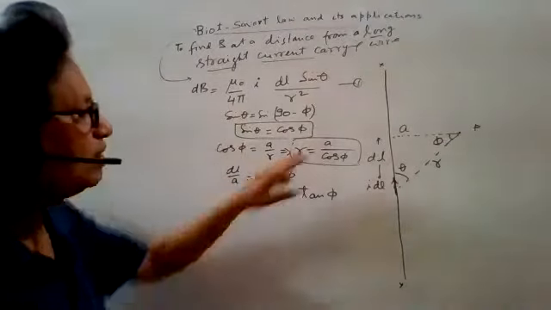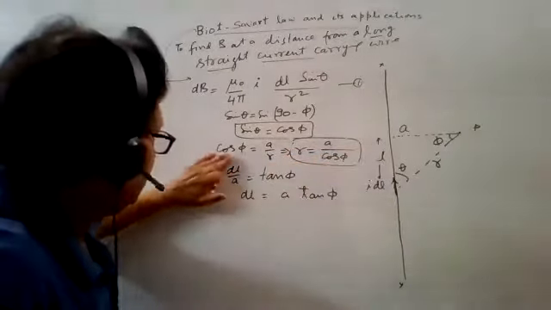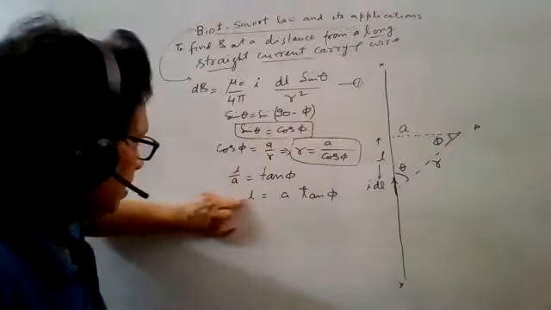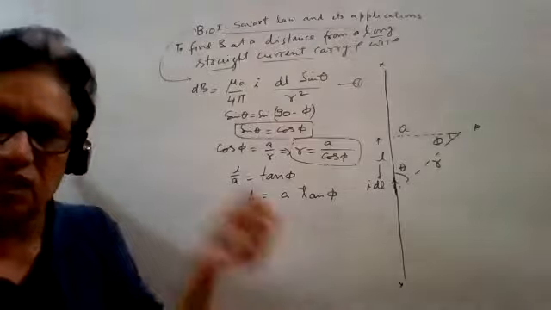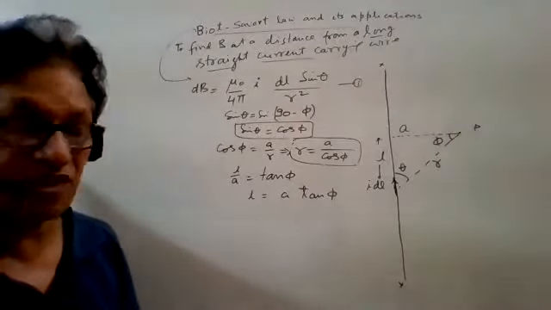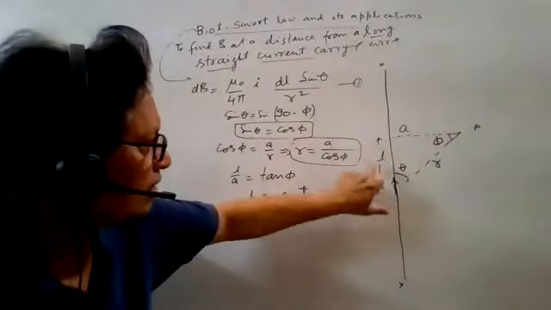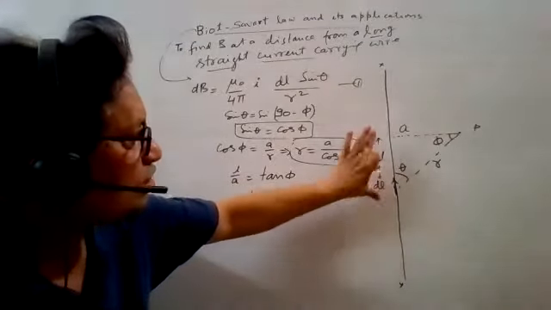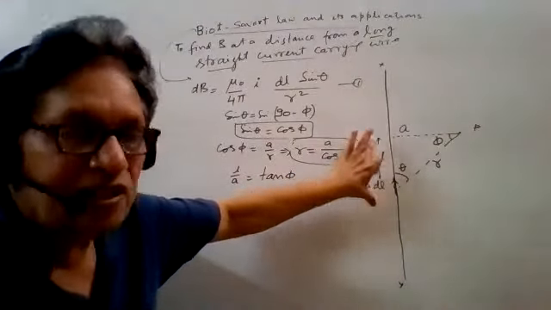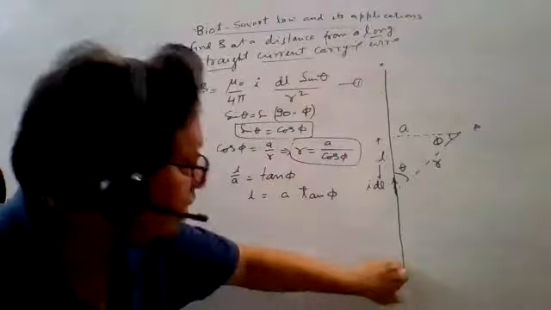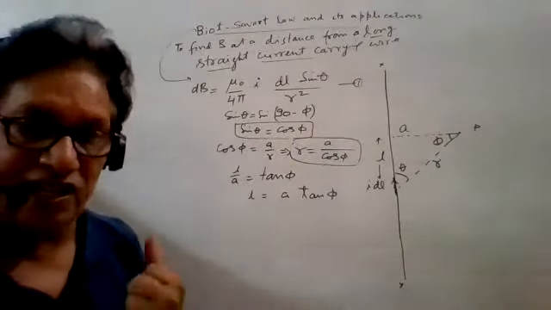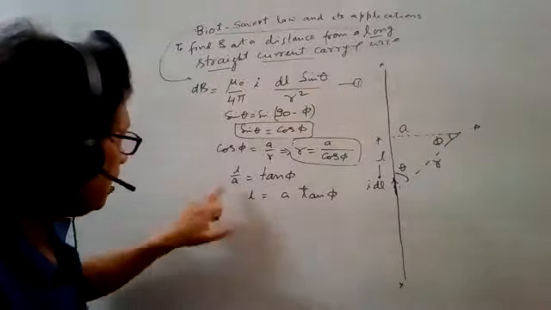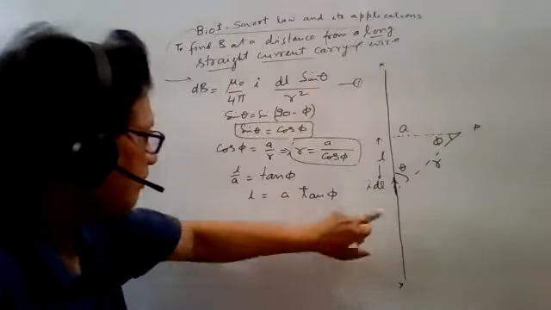But suppose you take here L, then write here L. If you differentiate, you get dl. Suppose like L, we are not taking dl here. dl is this one. So this is L, it is the bigger one. Maybe suppose this point is here, then L cannot be dl, so it is the length L. So L upon A is tan phi, L will be this.